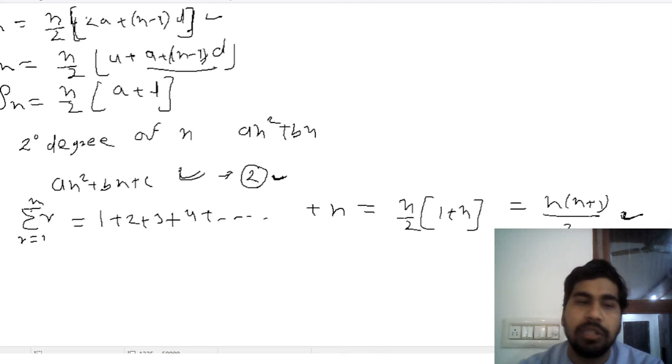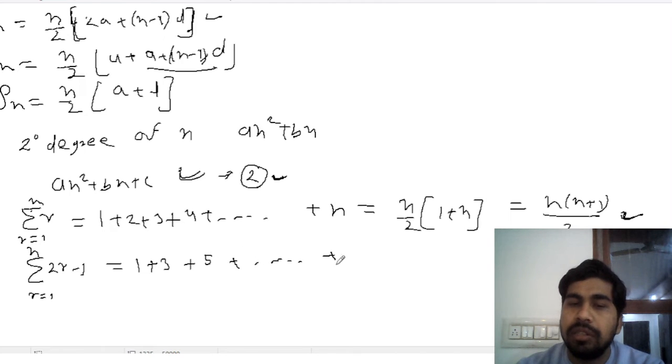Remember this. And the second thing is the summation of the first n odd natural numbers, r equal to 1 to n. If we put r equals 1, it becomes 1. If r equals 2, it becomes 3. If r equals 3, it becomes 5.